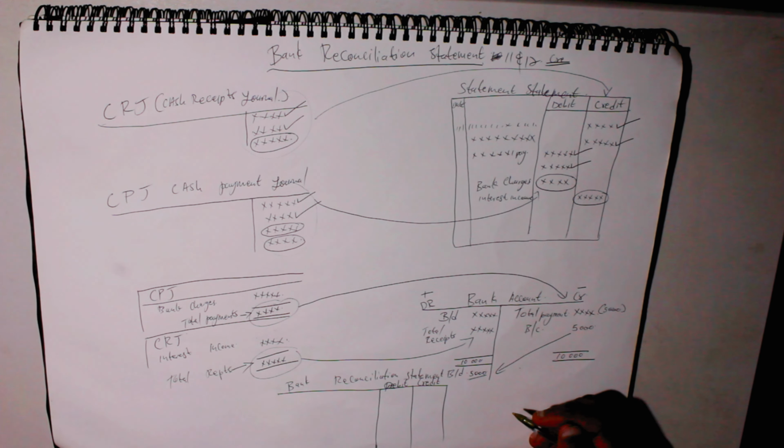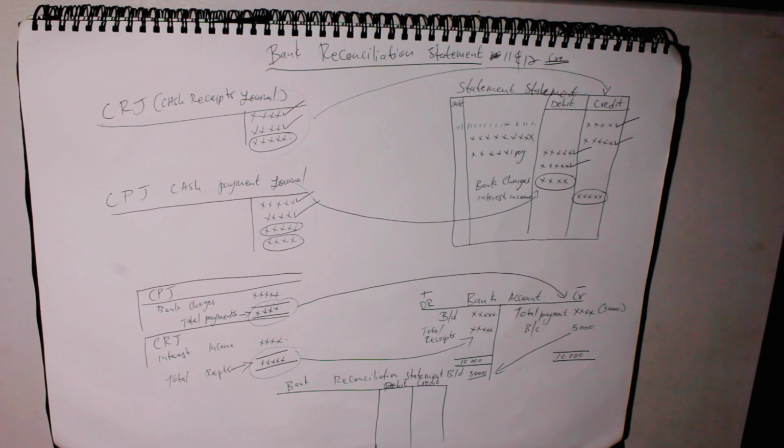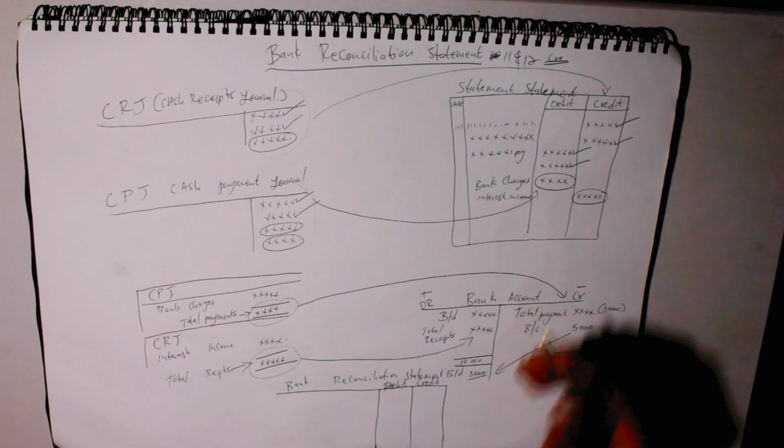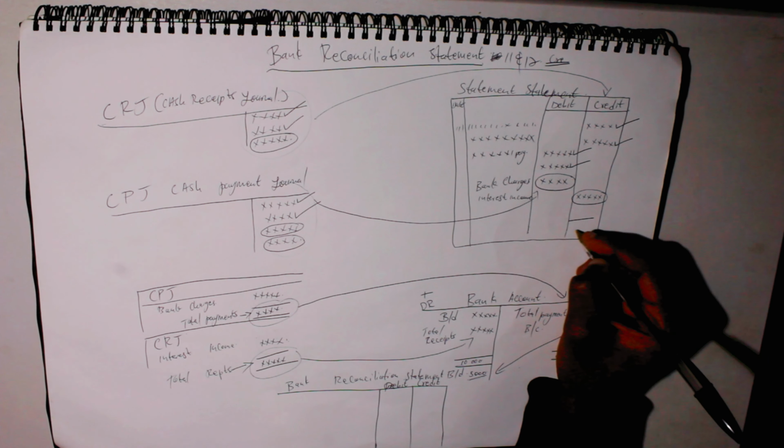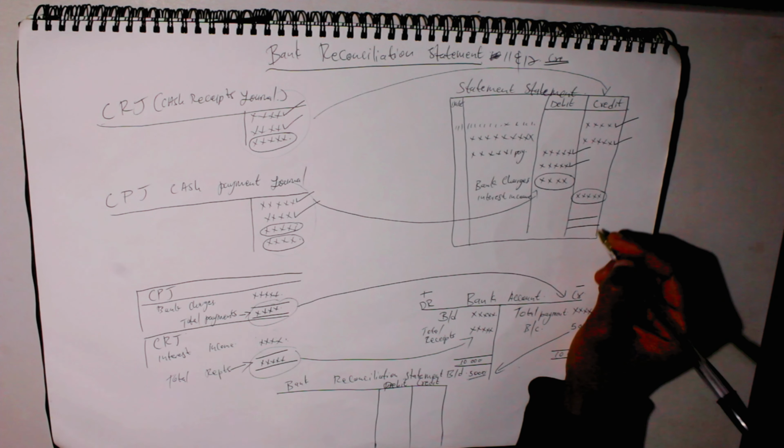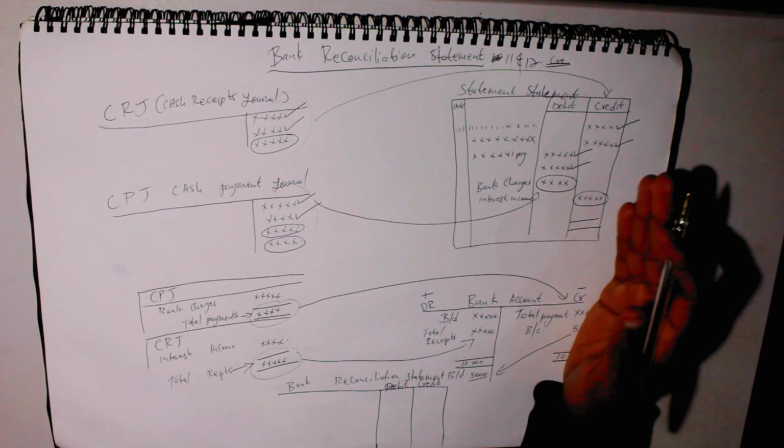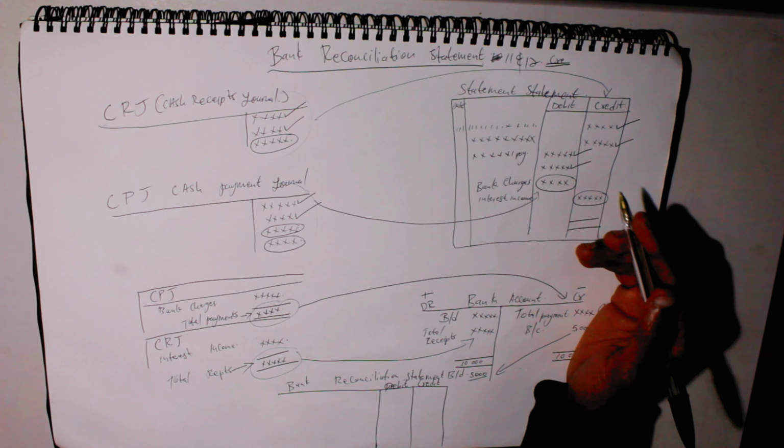Now we're going to move straight to our bank reconciliation statement. So now when we do our bank reconciliation statement, because we are reconciling, we are fixing the errors that the bank did, we're going to start with the balance at the end on our bank statement. Let's say, for example, on our bank statement, the balance was a positive amount.